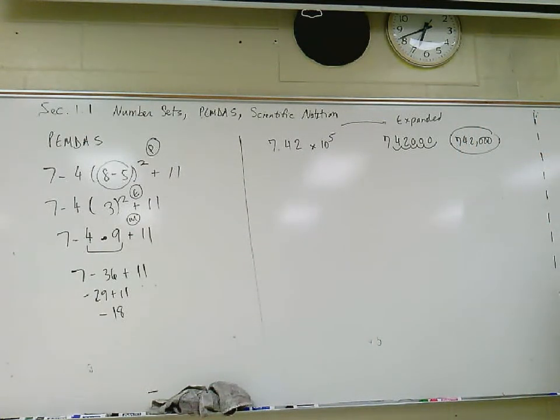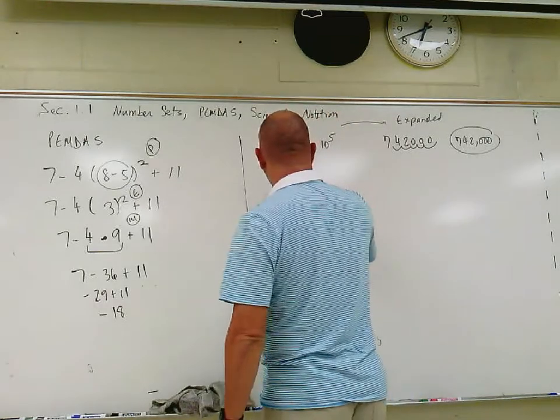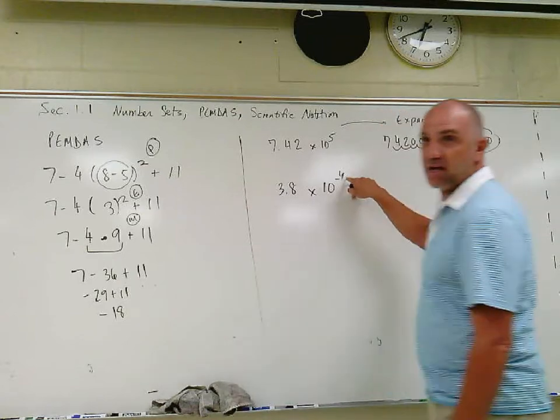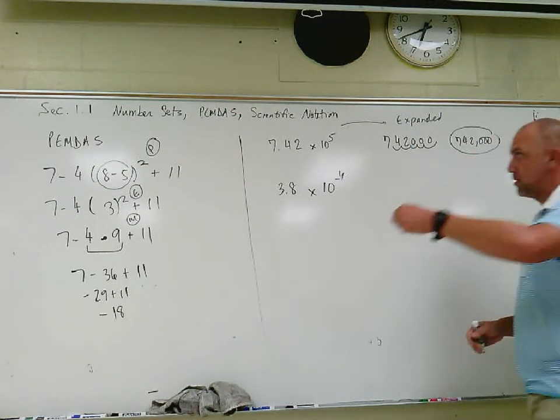Okay. And so we'll do a couple of going from scientific notation to expanded. If the exponent is negative, you move the decimal left. You move it that many places left.